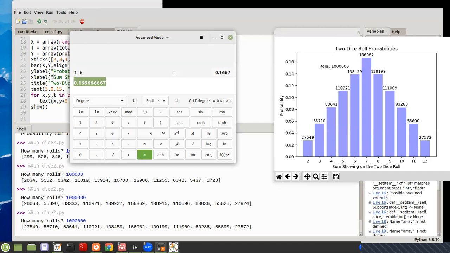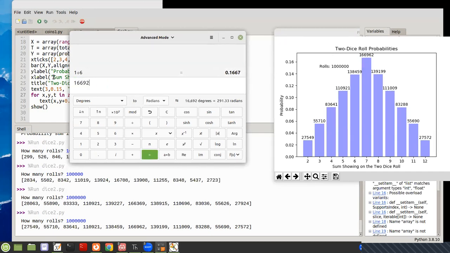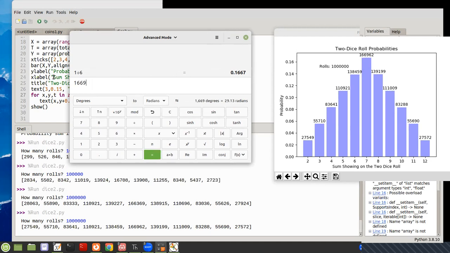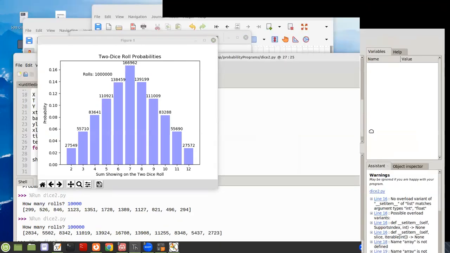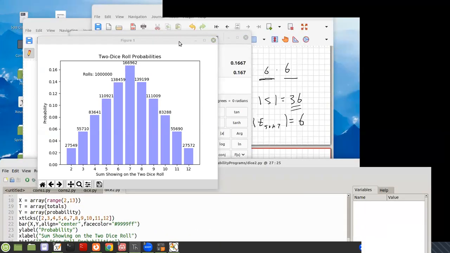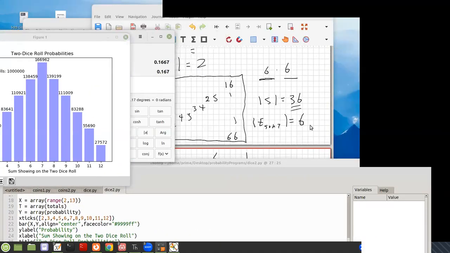So if I have here 166,962, and I divide that by a million, I'm going to get 0.167. So I'm beginning to pick up this number of 1/6.